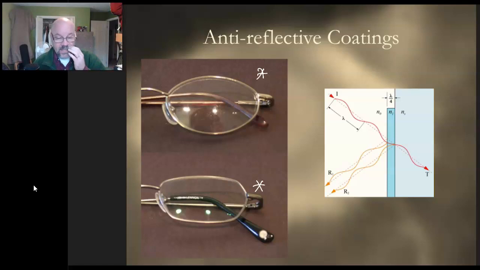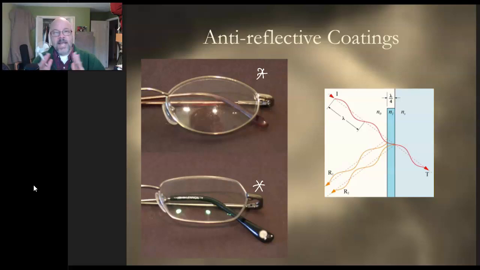The deal is, your lens is made out of a certain kind of plastic, and you put a thin layer of plastic over the top, and you choose an average thickness for that.